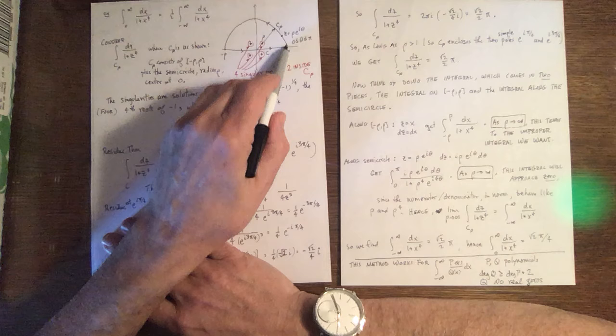Play the same game for the second residue here, at 3 pi over 4 times i, multiplied by z minus e to the i 3 pi over 4 over 1 plus z to the fourth. Use L'Hopital, which gets me again to here, and I plug in e to the i 3 pi over 4, and I get that.